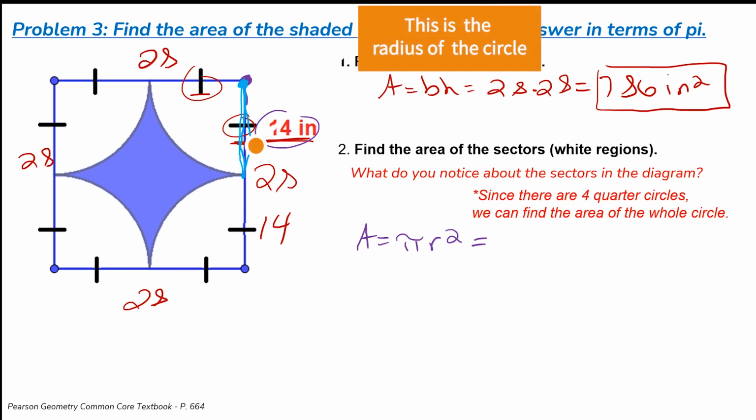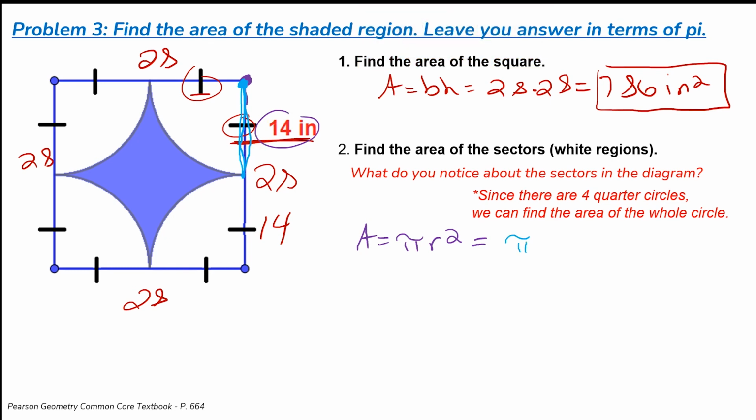So that length is 14. So our radius would be 14. So just plugging that in, and again we're leaving this in terms of pi, it'll be pi times 14 squared. So 14 squared is 196. So I'm leaving that there.